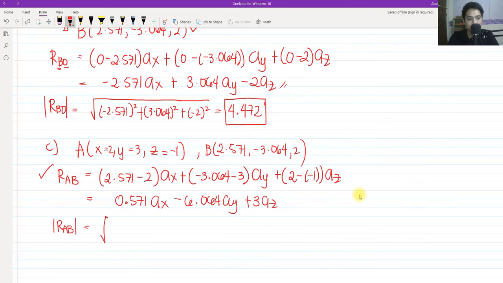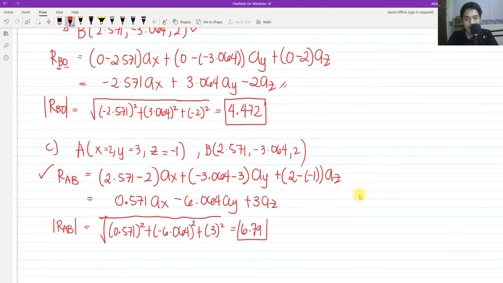So we have 0.571 squared plus negative 6.064 squared plus 3 squared. If we get the magnitude of that, that would be 6.79. So that is the distance between point A and point B.